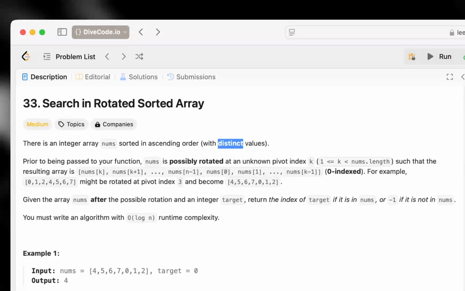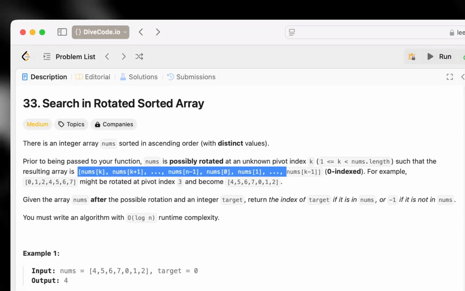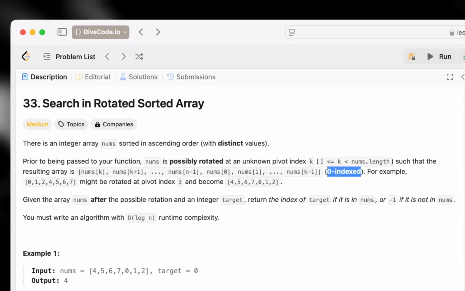Prior to being passed to your function, nums is possibly rotated at an unknown pivot index k, where k is between 1 and nums.length - 1 included, such that the resulting array is nums[k], nums[k+1], up to nums[k-1]. The array is 0-indexed, and we know that k is at least equal to 1.